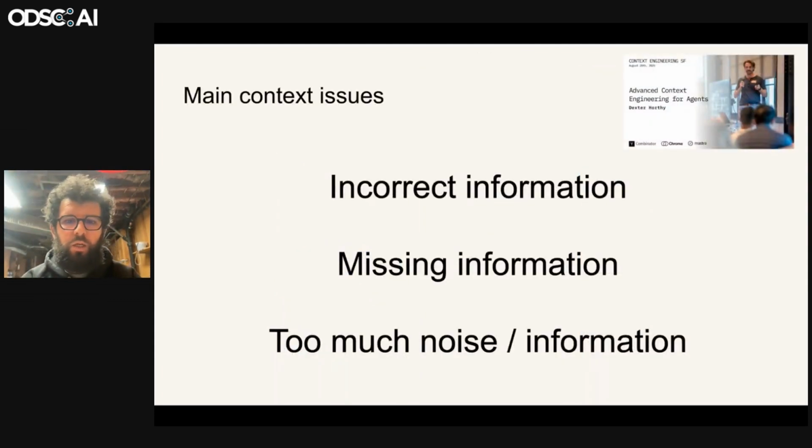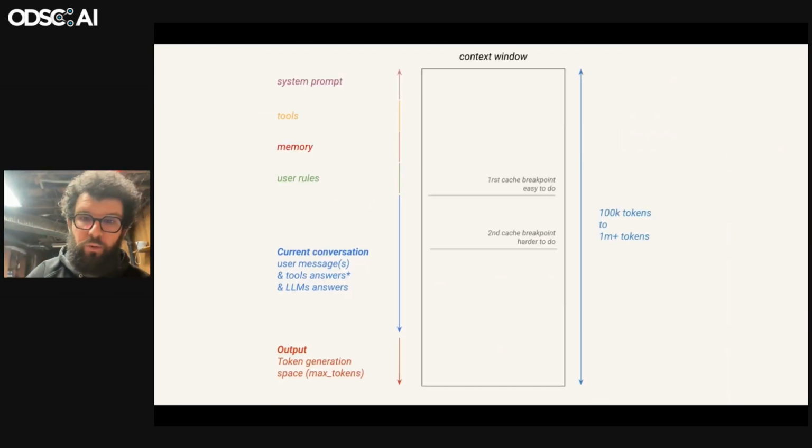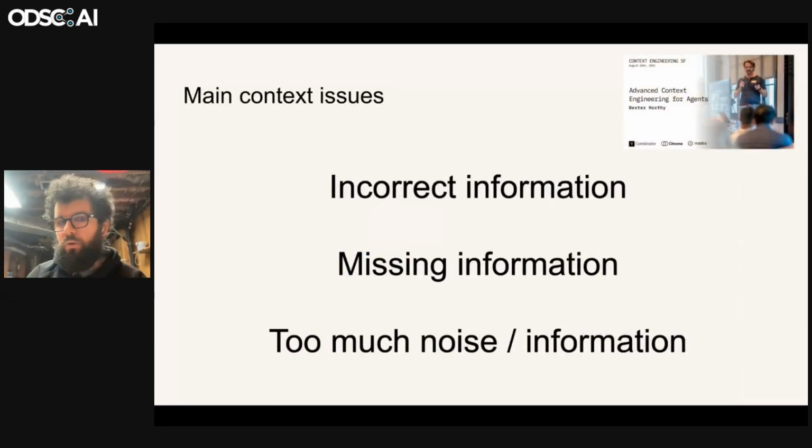This is a slide that I've extracted from a talk called Advanced Context Engineering for Agents, and I really agree with this. What are the main context issues that we have when building AI agents? The first one is that we have incorrect information in our context. We have missing information sometimes, and we also have too much noise or too much information.